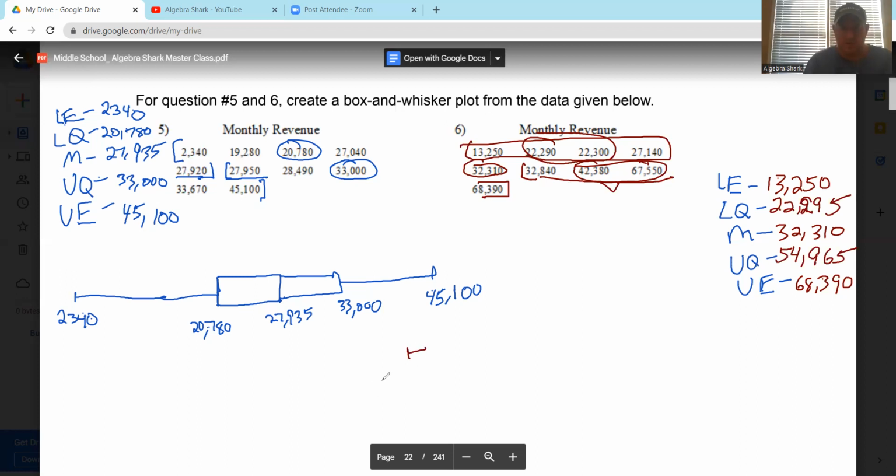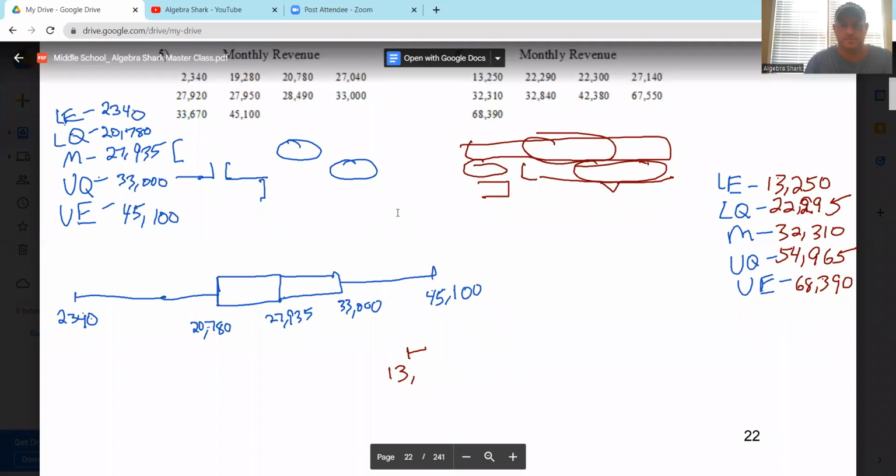So my lower extreme, 13,250. I realized that I scrolled down, that's okay. So for my box, the lower quartile would be 22,295. Median would be the middle of the box. Doesn't always lie in the middle, but it's in between is what I meant to say.